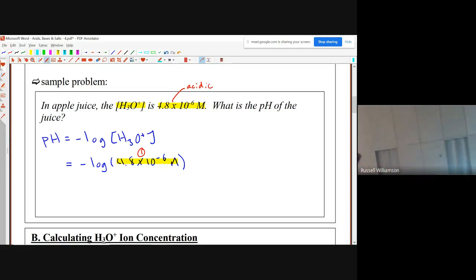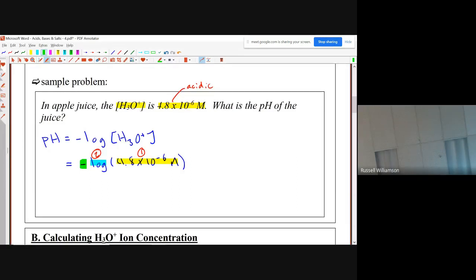Then I'm going to select the log key. That's my second step. It's up at the top, the third button to the right. If I do that, I'm going to have a negative value, and I want to turn that negative value into a positive value.